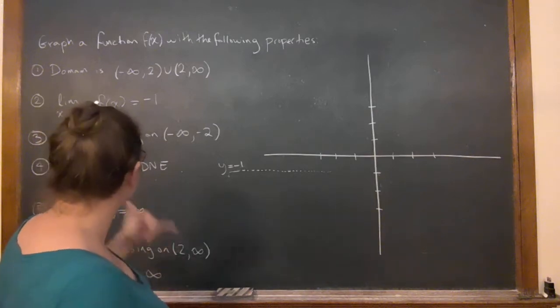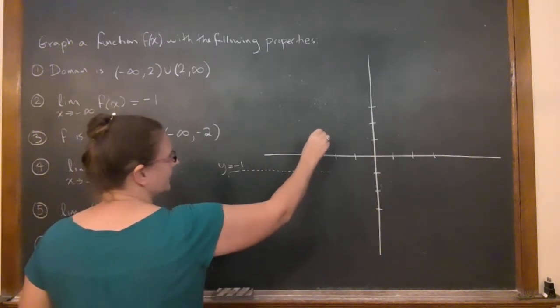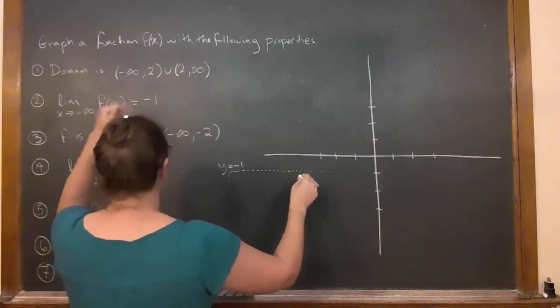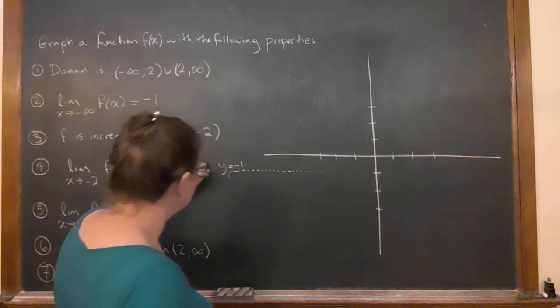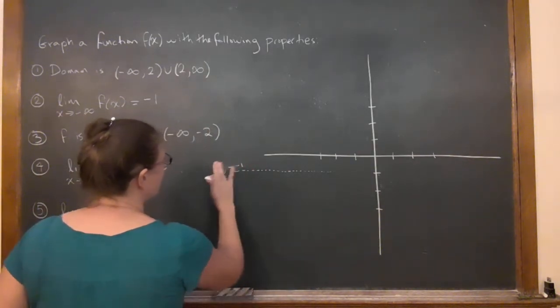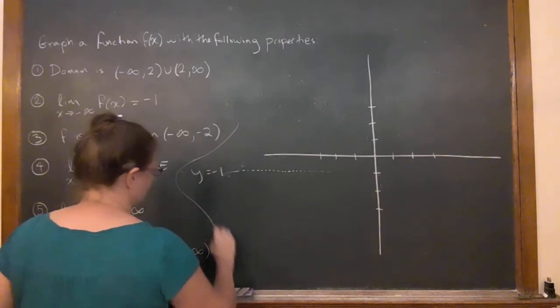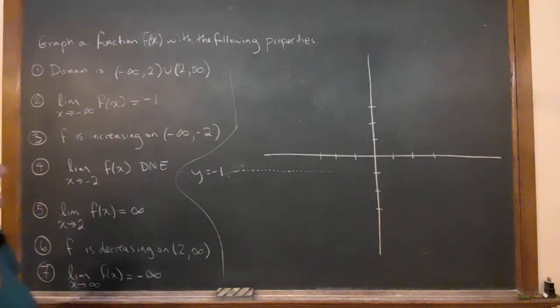My function could be going this way, it could be going this way right now, but I haven't figured it out yet. It could be wiggling back and forth, but as I go out this direction, I better be going towards that line.